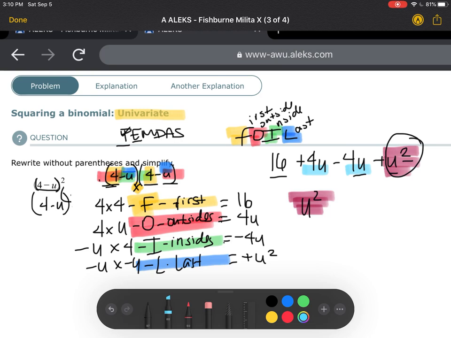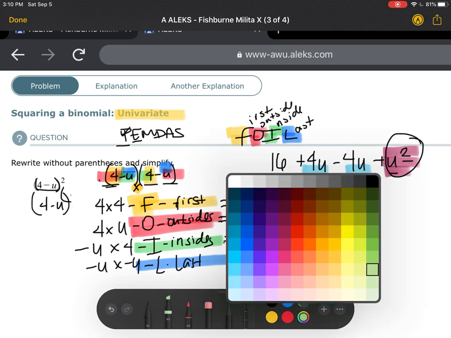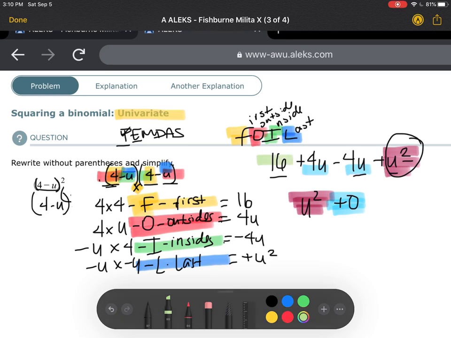Negative 4 plus 4 is 0. So I'm just going to write plus 0, just so you see that it's there. You don't actually have to write that out. And then at the end, this is over here, so I'm going to say plus 16. It's positive, technically there's a plus in front of it, which is fine.